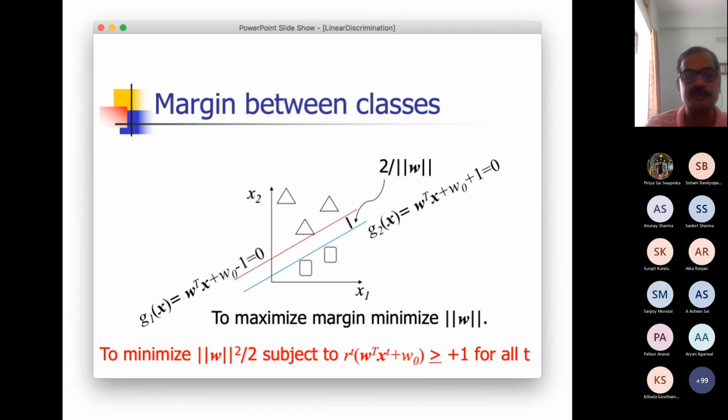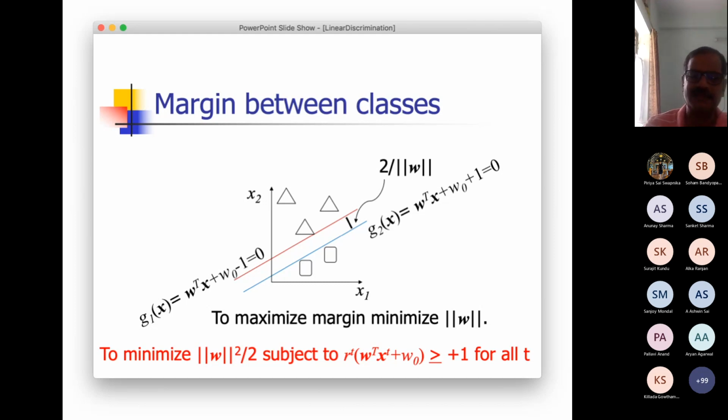As you can see, the objective function has been defined in this way: we are going to minimize the square of the norm of W, and we are adding a proportional term, divided by 2, because this is a trick, a mathematical convenience. If I take the gradient, then this 2 will be cancelled because it's a square term. In the gradient, you get 2 as a coefficient. So if I divide the whole term itself by 2, then that gets cancelled.